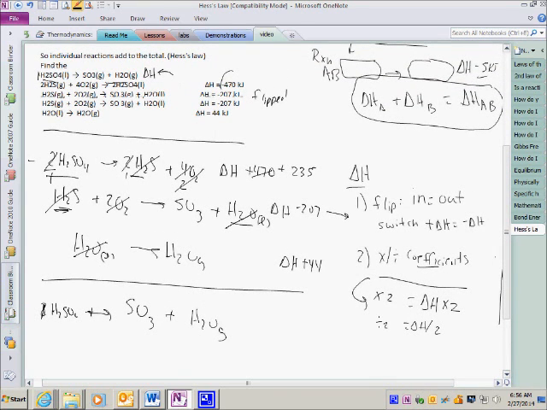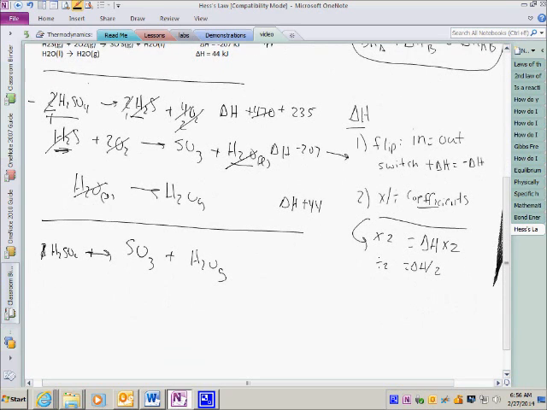All right, so at this point, all my reactions add up nicely. I simply need to take my positive 235, my negative 207, and my positive 44, add them up, and I get a positive 72 kilojoules.